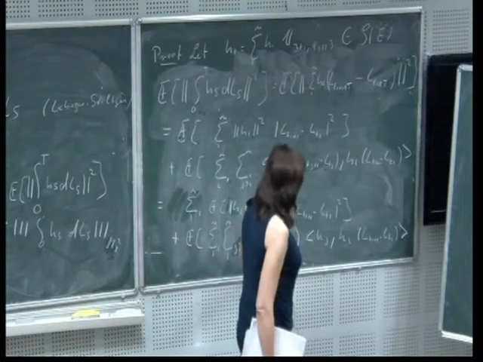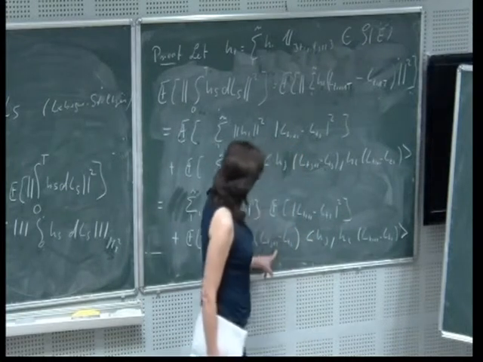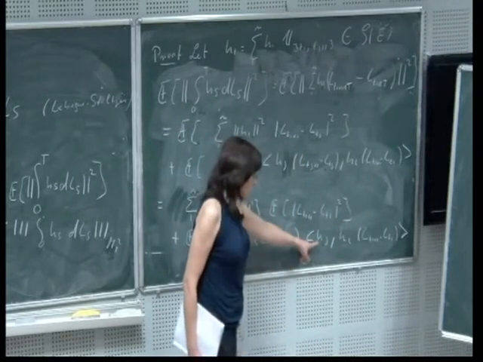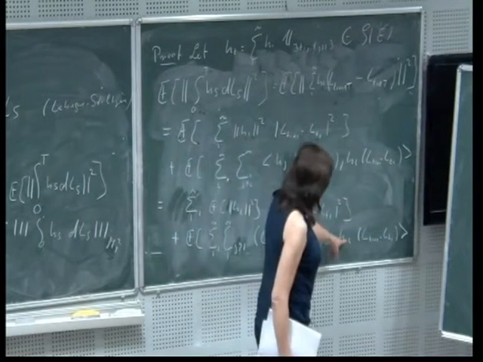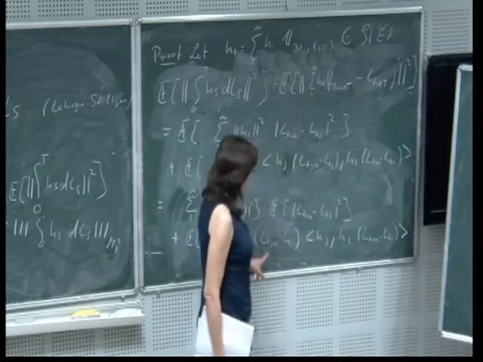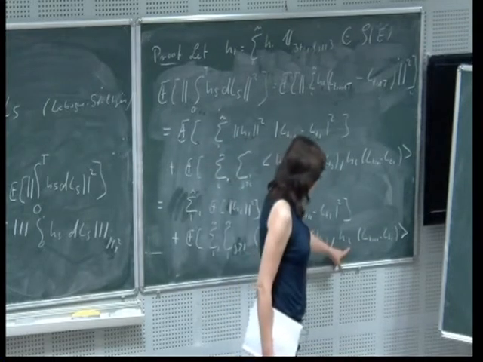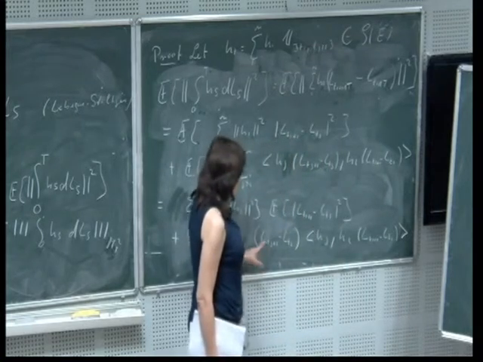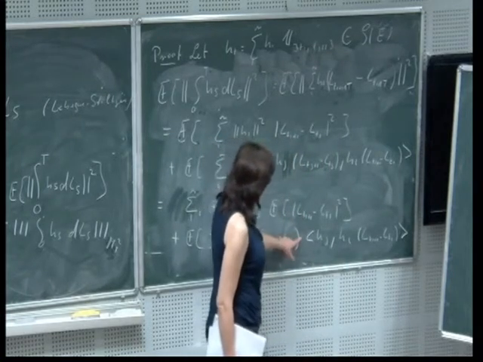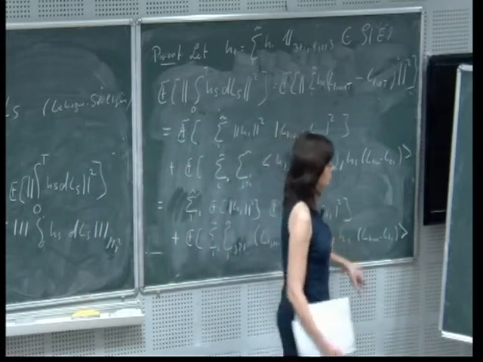Yes, so this is stochastically independent of this because this is in the sigma algebra at time t_j. And obviously this is also independent of this because the time t_e is a smaller time than this time here. So this is independent of the scalar product here.